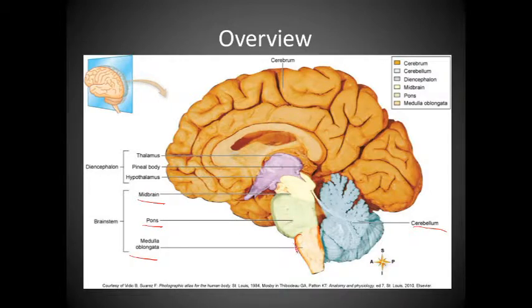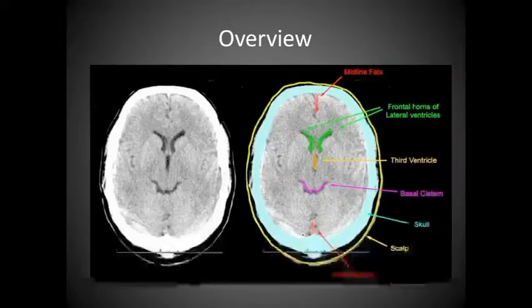Medulla oblongata sits directly below the pons, which this is the pons, and this is the midbrain. And so that is pretty much all the specific anatomy that we'll cover, because we're going to be focusing more along the lines of pathology.